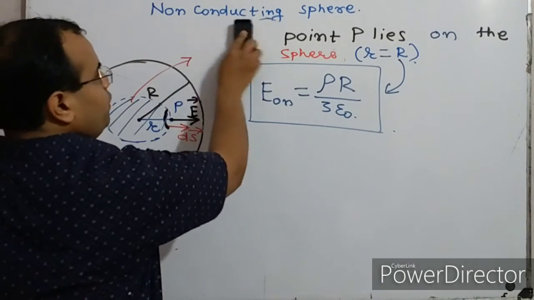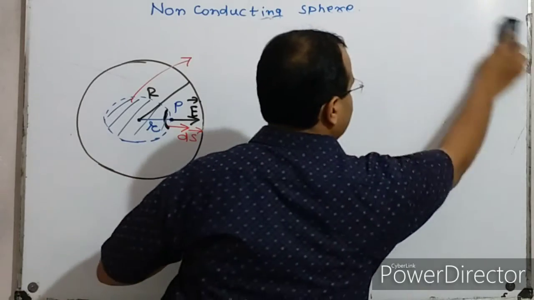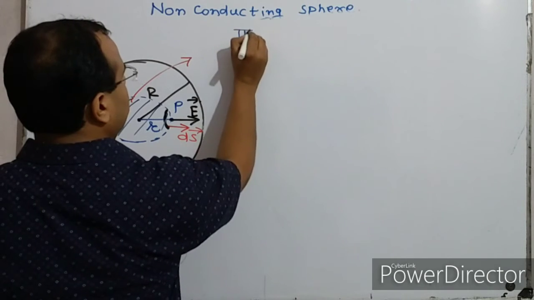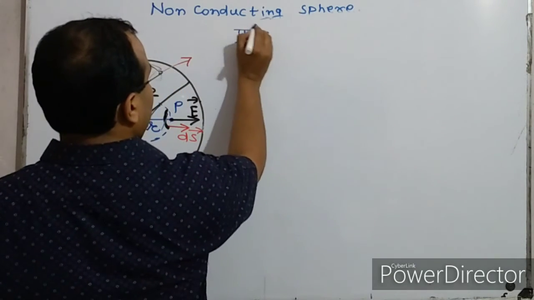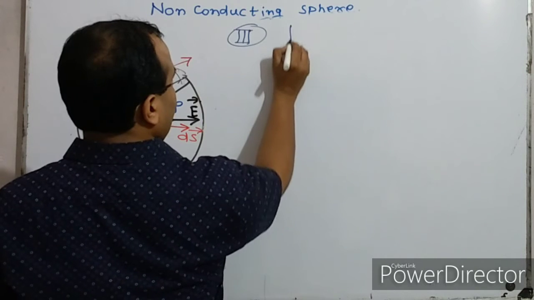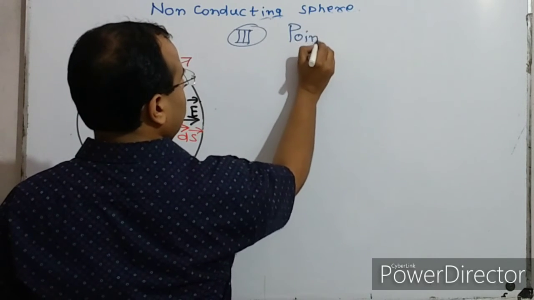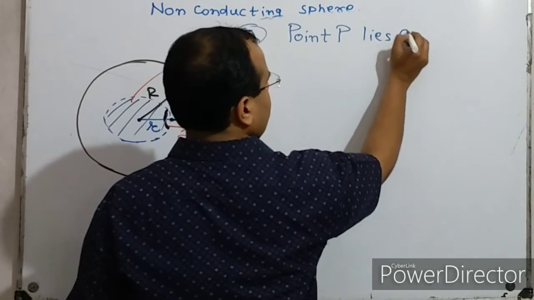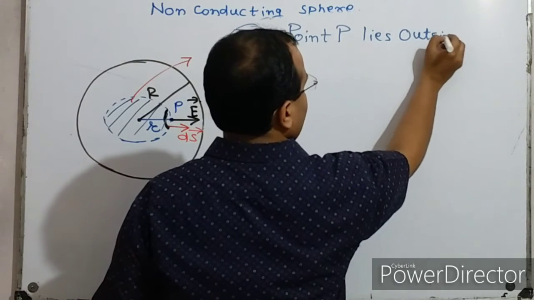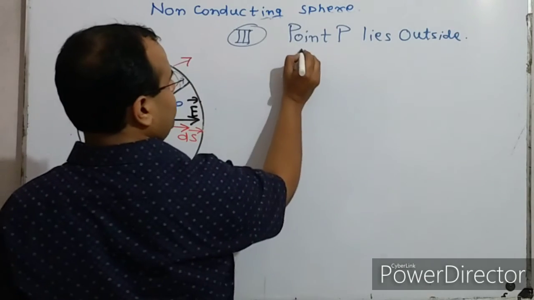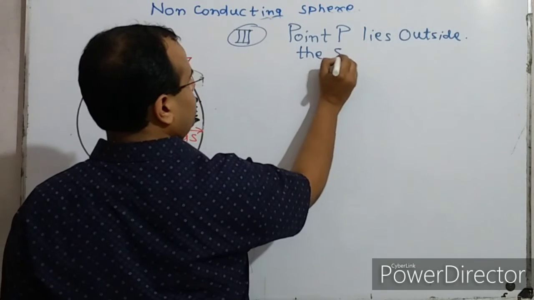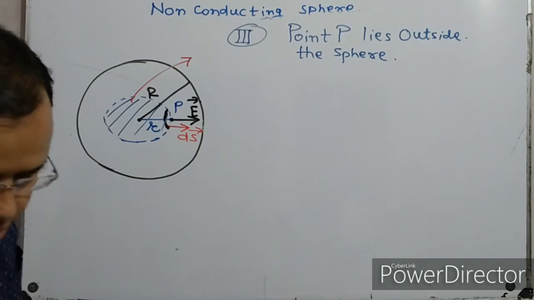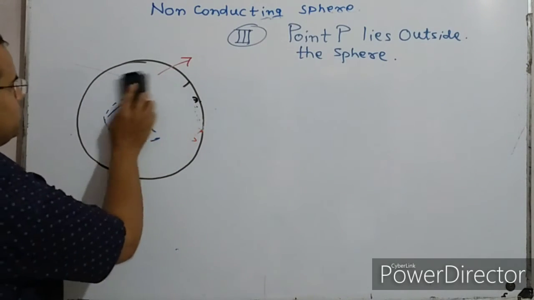Now the third case which we have to see is when the point P is lying outside this sphere. So when it lies outside this sphere, in this case, what will happen is that this is not there now.